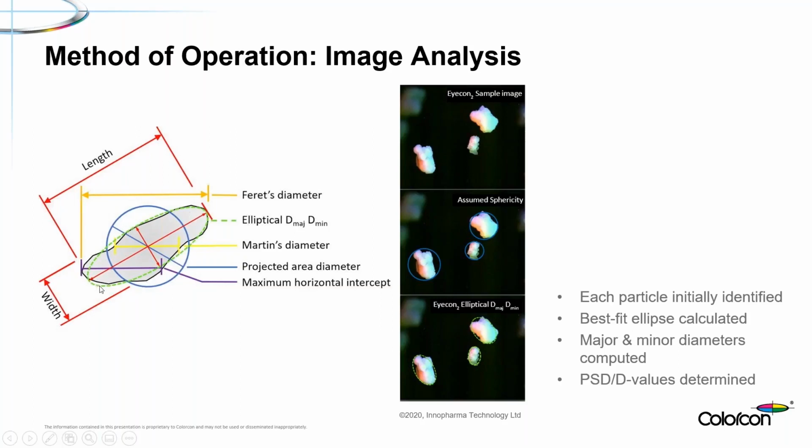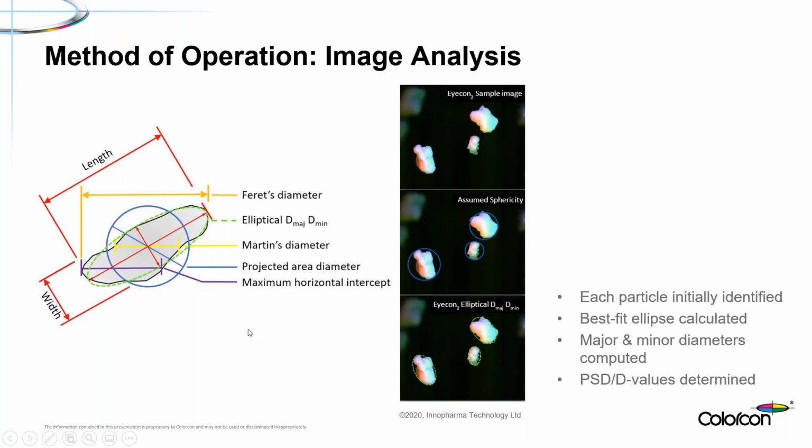The image on the left shows that there are several different ways that we can characterize a particle that we take an image of. So our approach is this elliptical fit with the green dashed line, which gives us a major and minor axis measurement. Parameters like Feret diameter and Martin's diameter are also indicated on here.